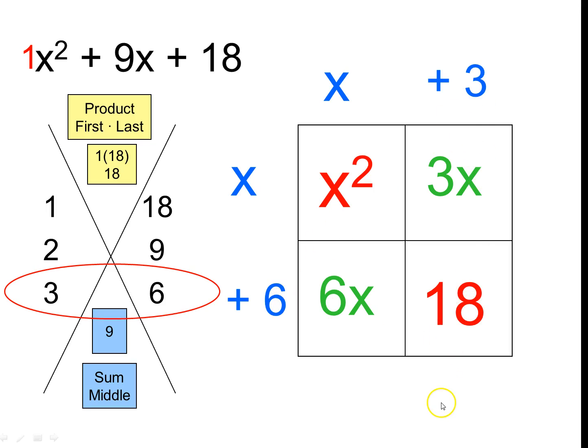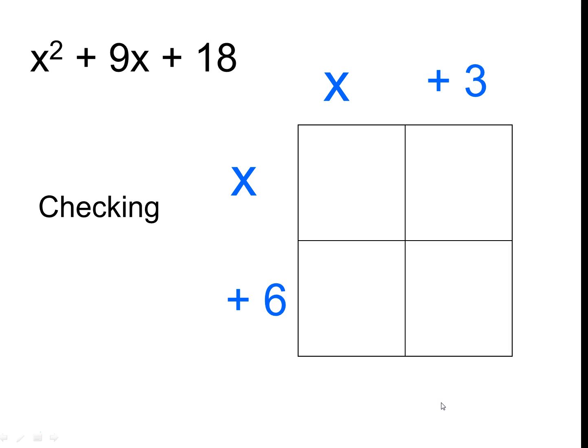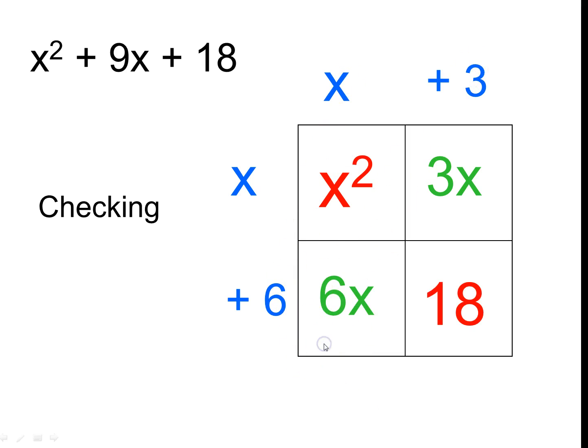Well, let's check this and see. Will x plus 3 and x plus 6 give me what I want? What's x times x? x squared. What is 3 times x? 3x. What is 6 times x? 6x. And what is 3 times 6?